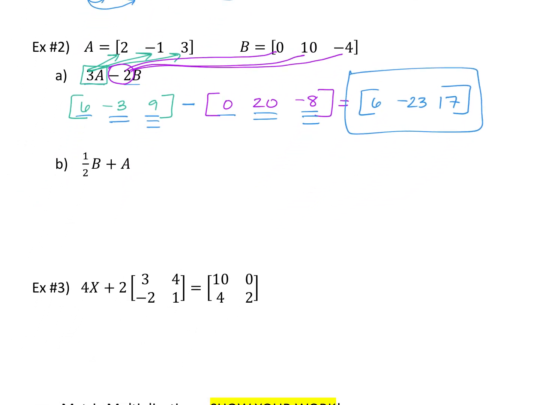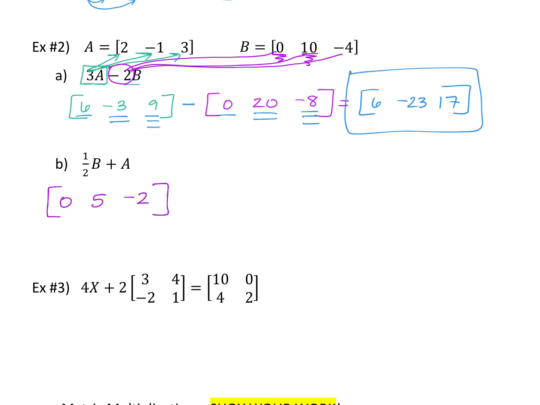Okay, now look at letter B. We're taking half of B and then adding A to that. What do you suppose half of B is? 1/2 times all those B terms, right, or elements. So half of 0 is 0. Half of 10 is 5. Half of -4 is -2.